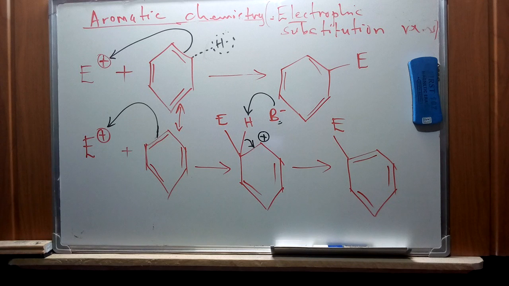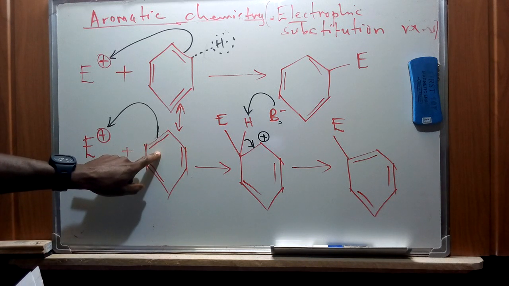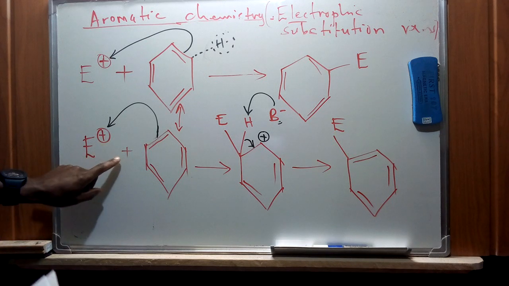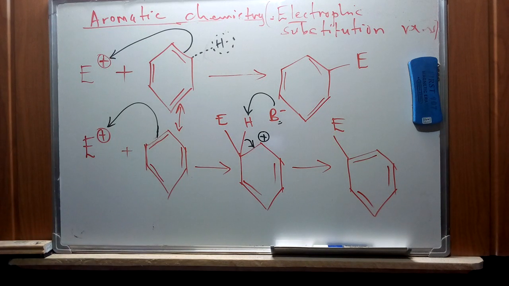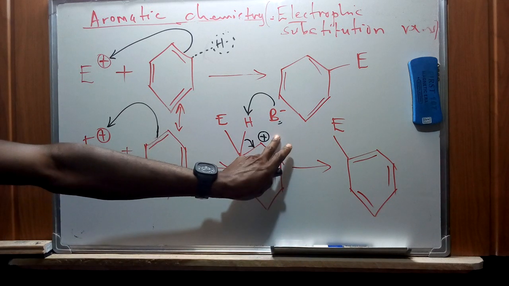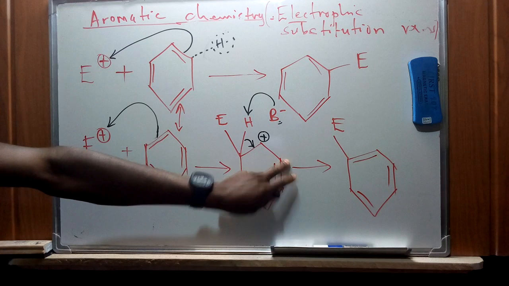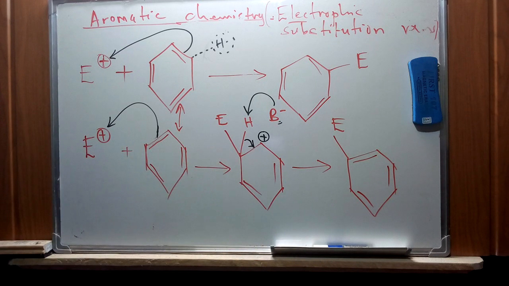And then number 2, there's a slow reaction of the arene carbon-carbon double bond with the electrophile to give a resonance stabilized structure. We talked about the concept of resonance, whereby this kind of charge can be at this point or another point, and then we shall have those double bonds assuming different positions.